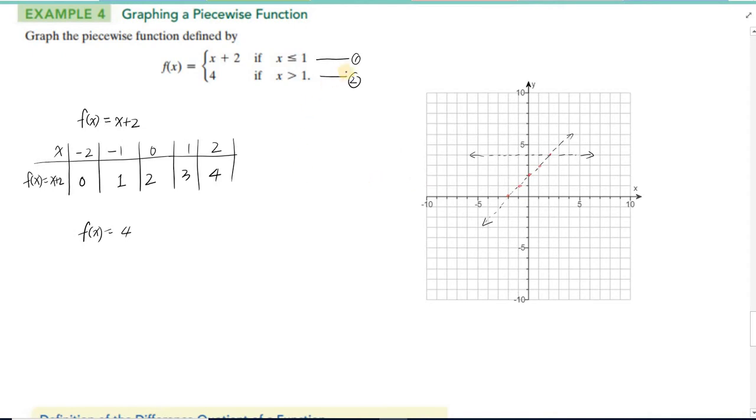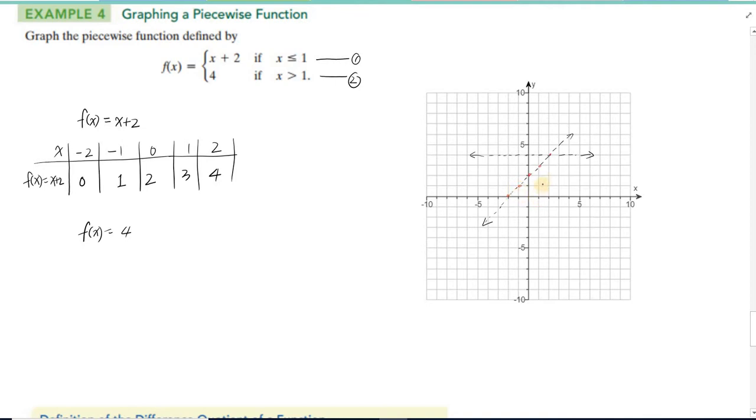So now let's go back and look at the domain. For the first equation, f of x equal to x plus 2, we say only when x is less than or equal to 1 will that satisfy the first equation. Which means when we look at this line, the only part that works is less than or equal to 1.